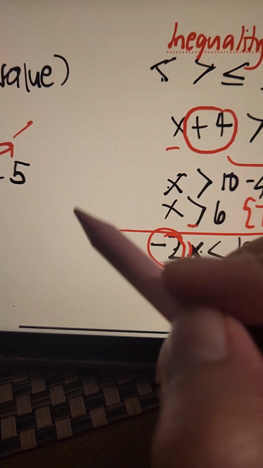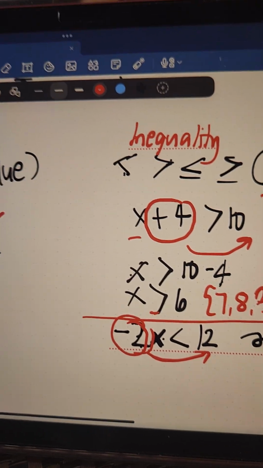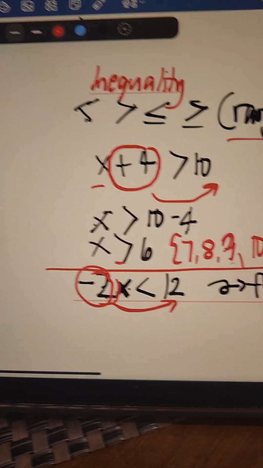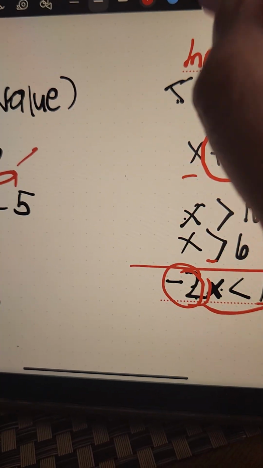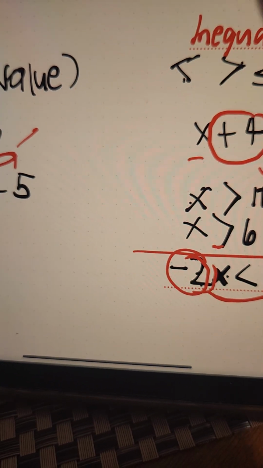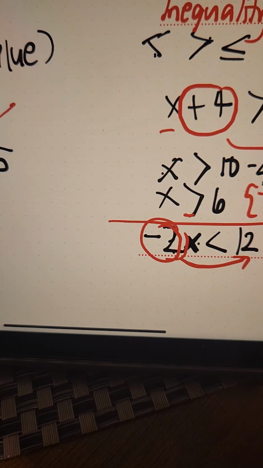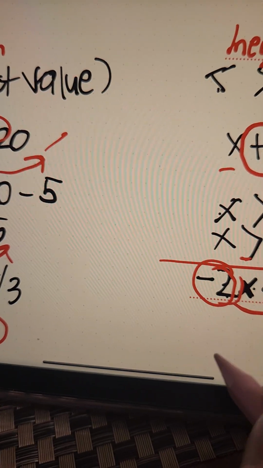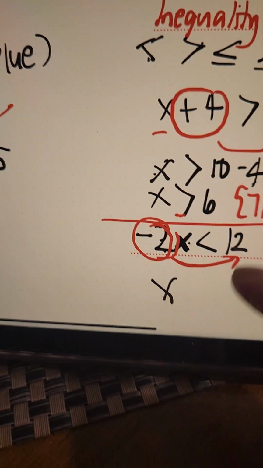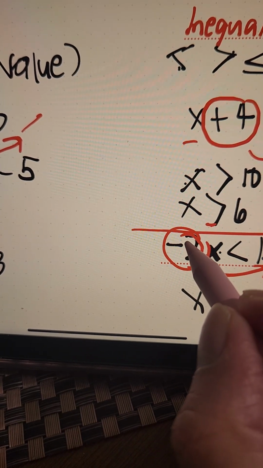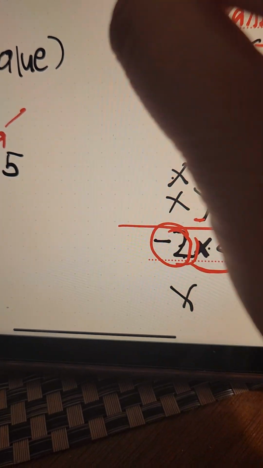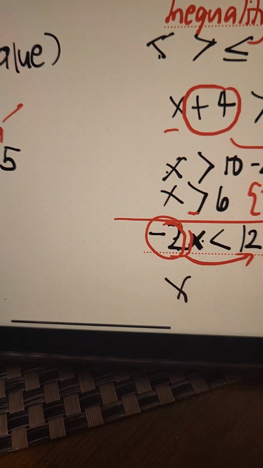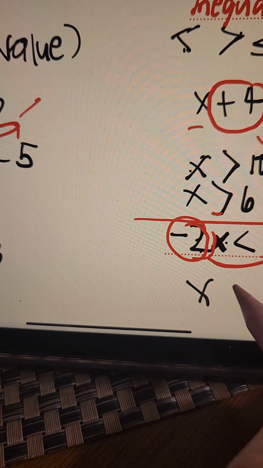So x will remain on one side. And then, because we moved the negative number to the other side, this sign, our symbol, will flip.